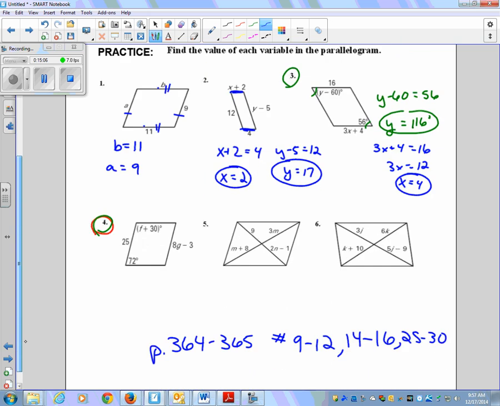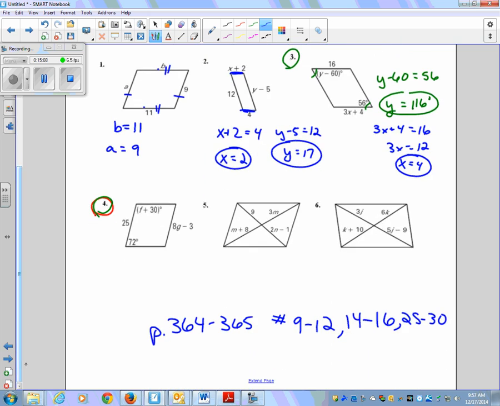Once we get to number 4, you have to look really carefully at what kind of angles we're looking at. You're not going to just automatically throw stuff equal to each other. These angles are consecutive angles, not opposite. If you look at them, they actually visually do not look the same as each other. This one looks obtuse.